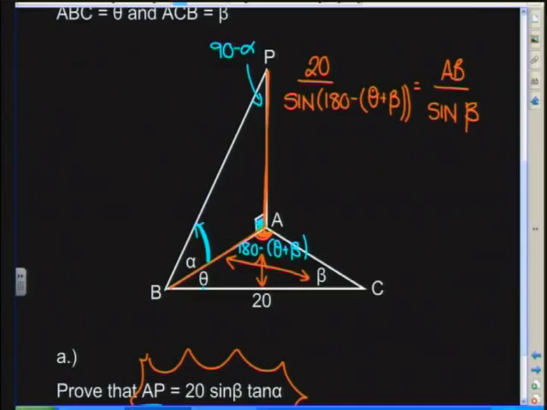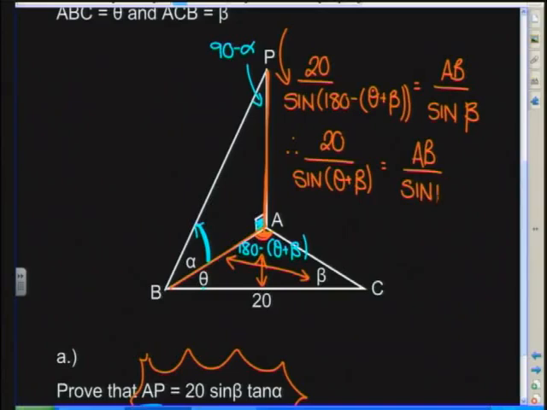Here, do we notice the reduction formula once again? So we've got 20 over sine of 180 minus, which is quadrant 2, which means it's just theta plus beta, and it's equal to AB over sine beta.